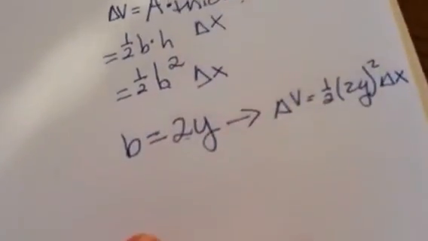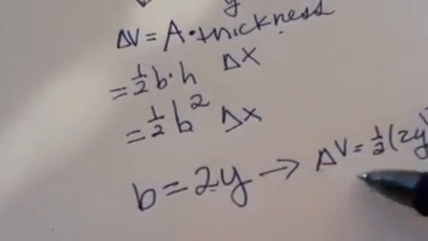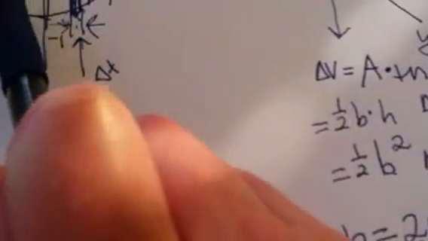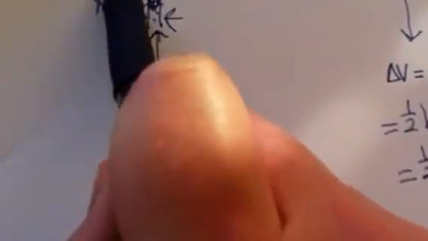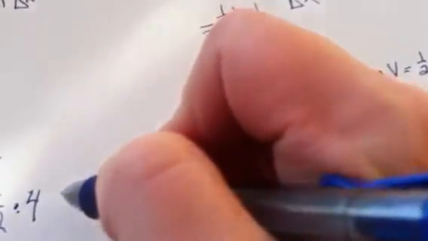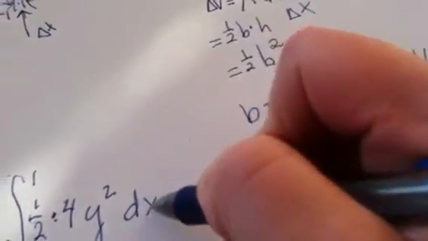Now, to actually find the volume, we need to add up an infinite number of these delta volumes all the way from -1 to 1, along the whole interval. So let's integrate from -1 to 1 of 1/2 times 2 squared, which is 4, times y squared dx.